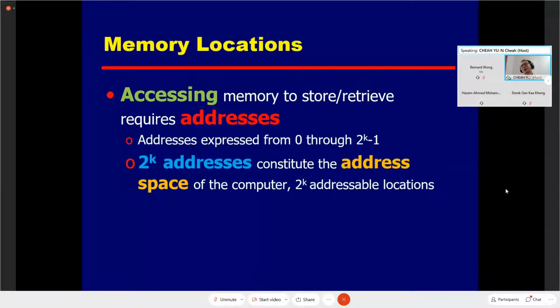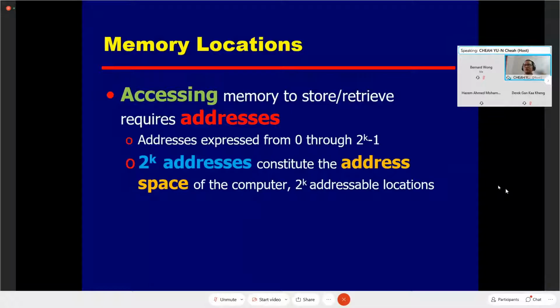So if you have 128 locations, K will be 7. In the word, you might have an 8-bit word, 16-bit word, or any length. But if you have 128 locations, then your K will be 7. If you have 256 locations, your K will be 8. If you have 512 locations, your K will be 9, and so on.